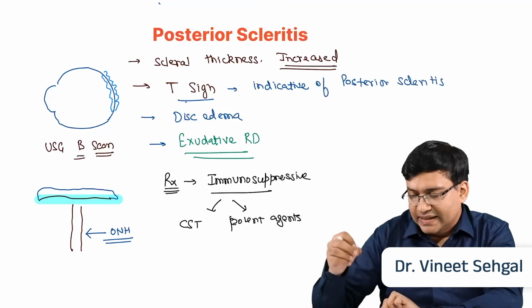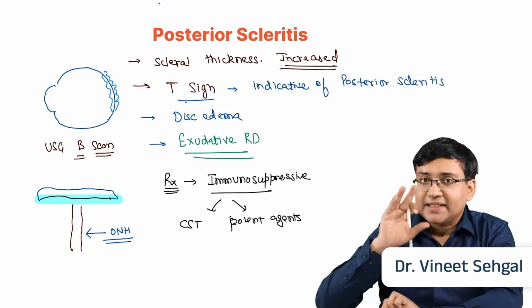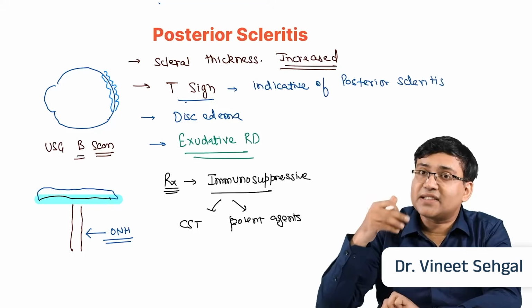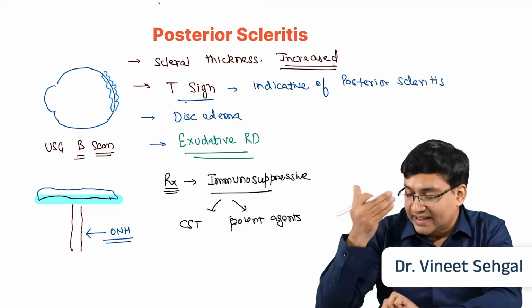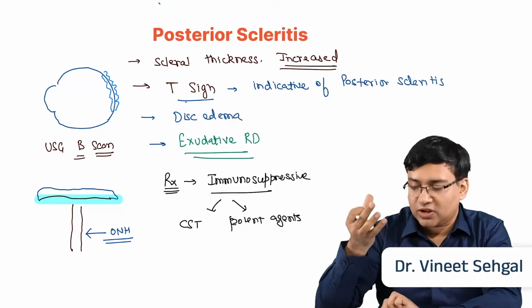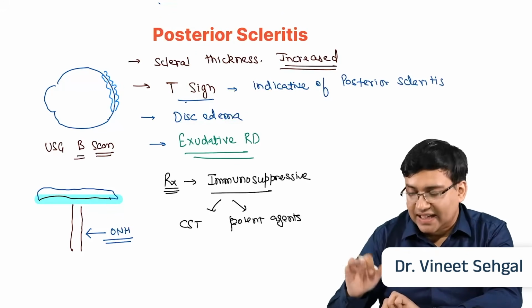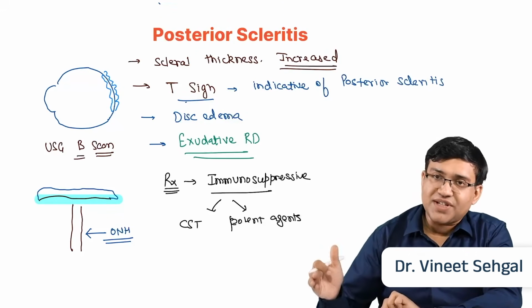That is important, because in conditions like scleromalacia perforans, there can be a spontaneous rupture of the eyeball as well, and that is very catastrophic for the patient. So these are some important points you should remember regarding scleritis, anterior and posterior scleritis.